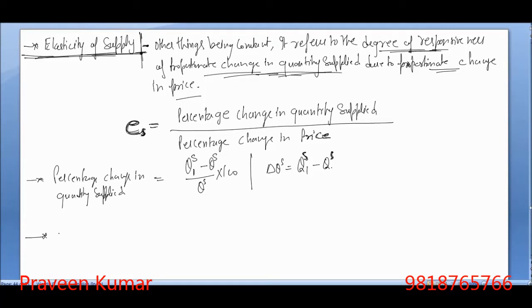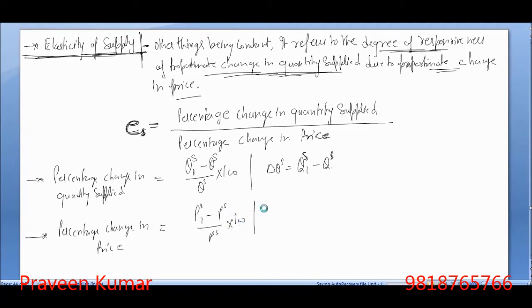Now similarly we can calculate percentage change in price. Well, the formula is the same, (P1 minus P) upon P into 100. Again you can superscript S with this, the price with respect to the supply, not the demand.